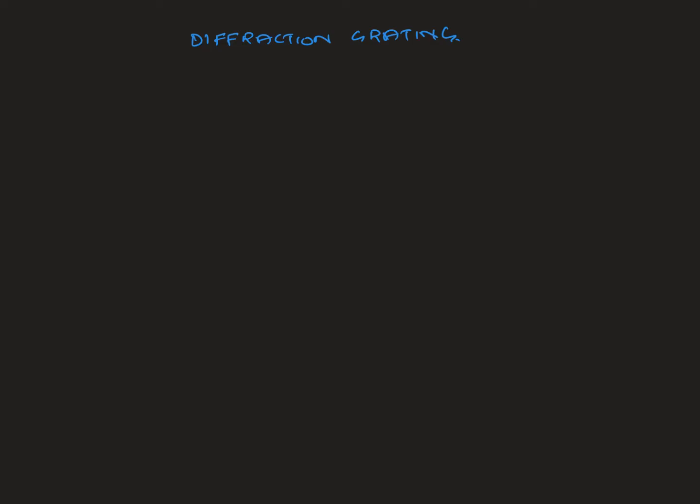Diffraction grating is when we have multiple slits. Previously we used only 2 slits for the double slit diffraction, but when we have multiple slits, we are going to have constructive interference from multiple slits.